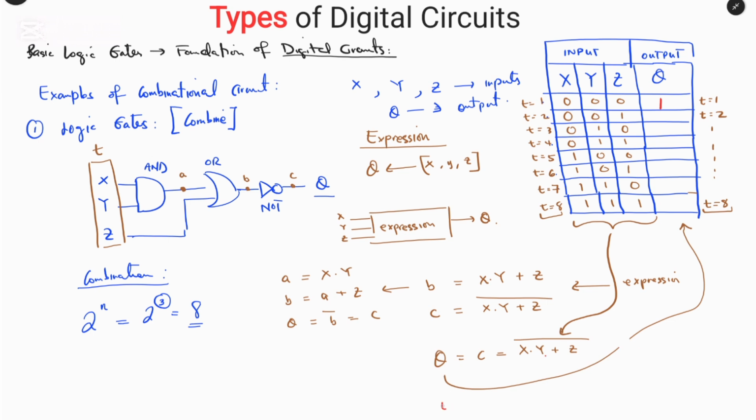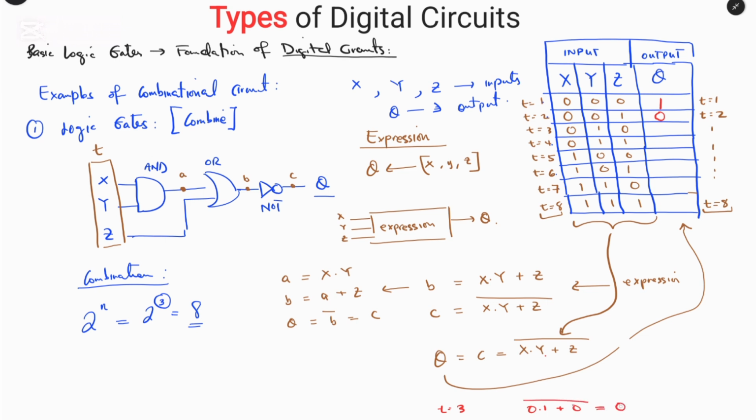So at time t equals 2, what will be the output, where we have x and y, which is 0.0, plus the output is 1. So it will give us 1 inverted. We should have the output 0. So we simply fill in the table by inserting a 0. And for t equals 3, what will happen? We have 0.1 plus 0 inverted.